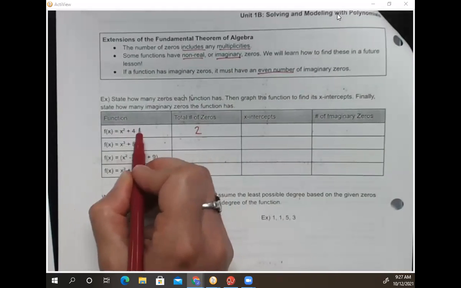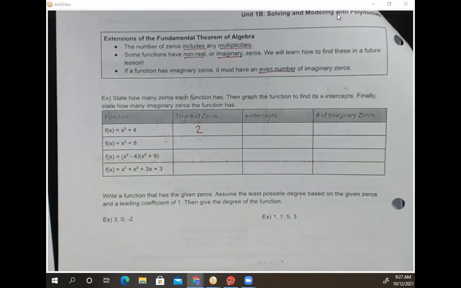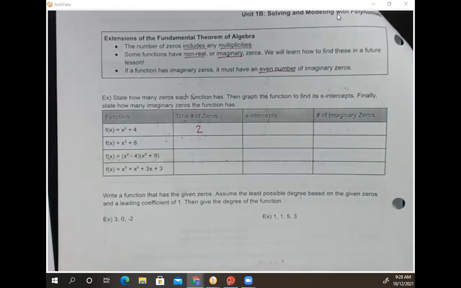Graph this on your calculator for me really quickly. How many x-intercepts do you see?